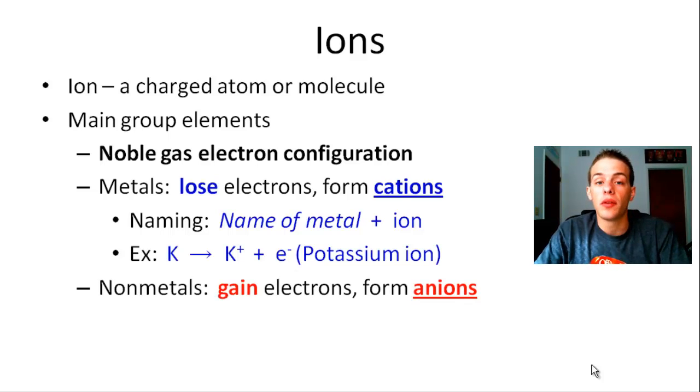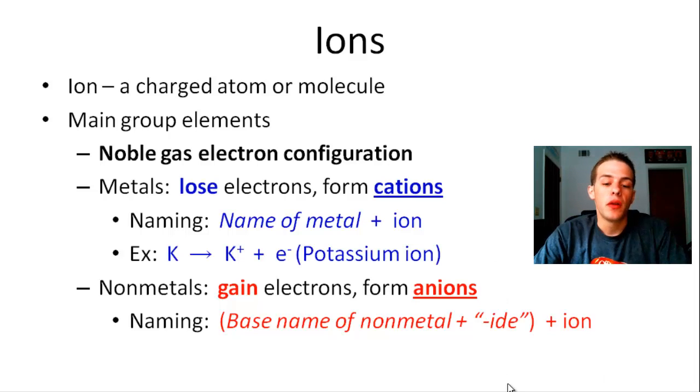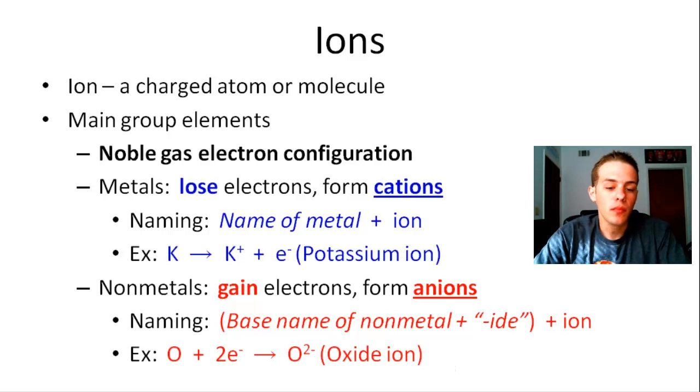When it comes to nonmetals, like we said earlier, they gain electrons and they form anions. An anion is a negatively charged ion. Naming an anion is a little different from naming a cation. You take the base name of the nonmetal, add the suffix -ide, and then add the word ion. For instance, oxygen will gain 2 electrons and form the oxide ion.